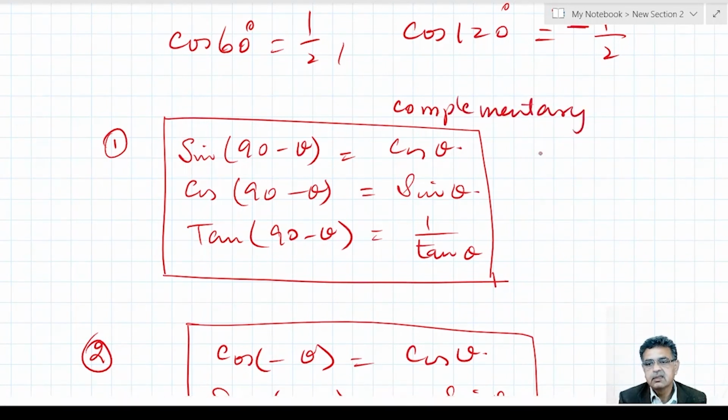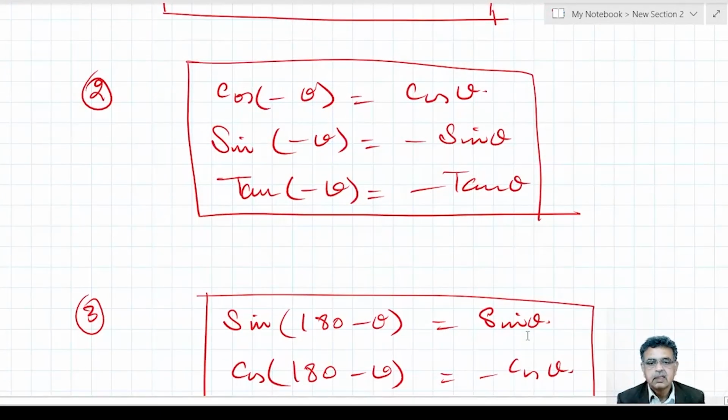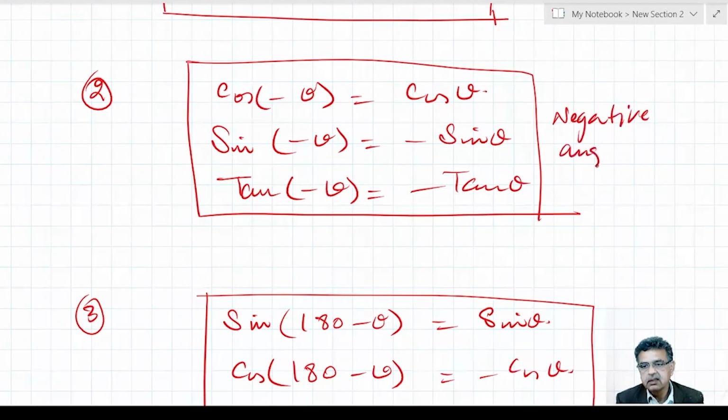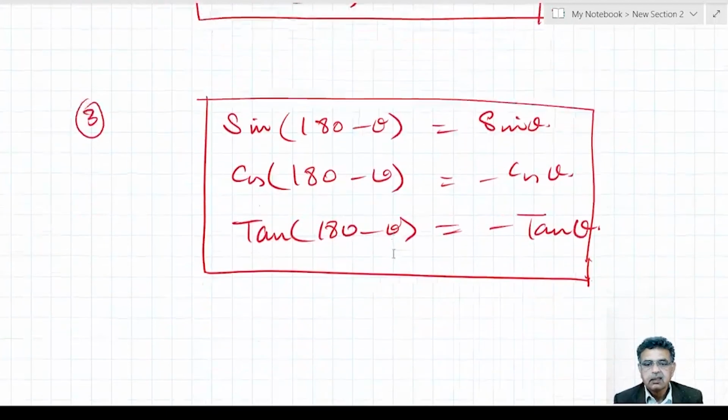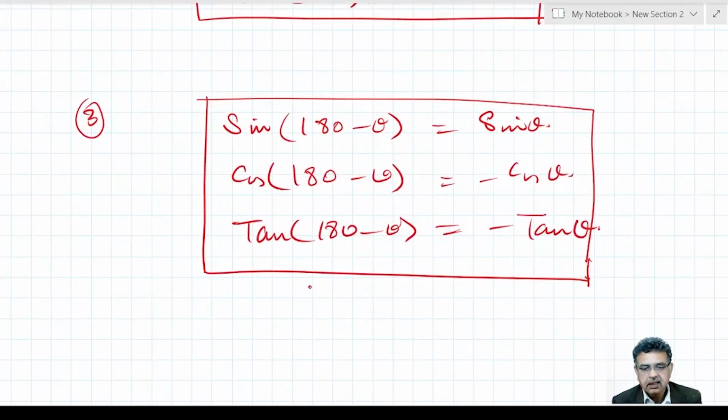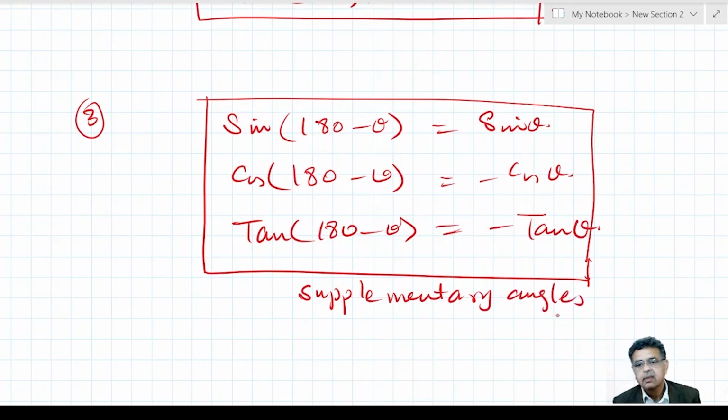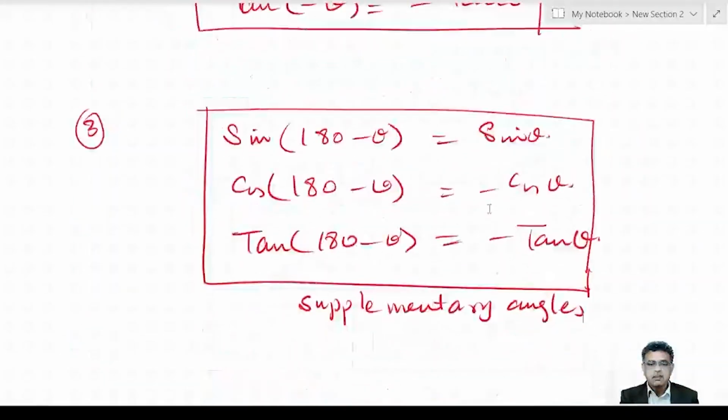Two, these are the identities of negative angles. And three, these are the trigonometric identities of supplementary angles. So these three things, at least so far, you have to remember.